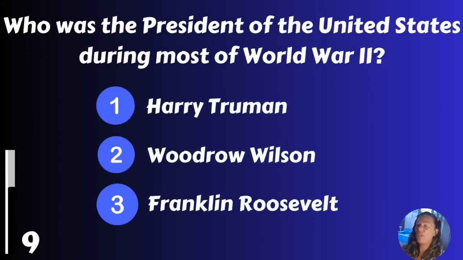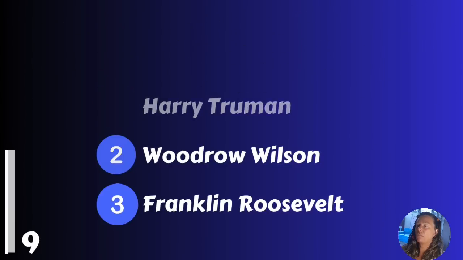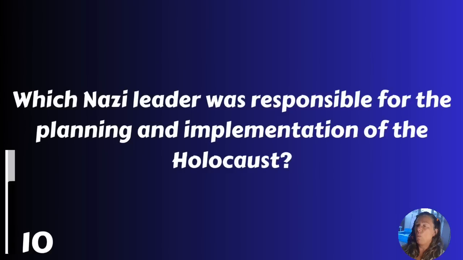Who was the President of the United States during most of World War II? Harry Truman, Woodrow Wilson, or Franklin Roosevelt? Franklin Roosevelt. Which Nazi leader was responsible for the planning and implementation of the Holocaust?